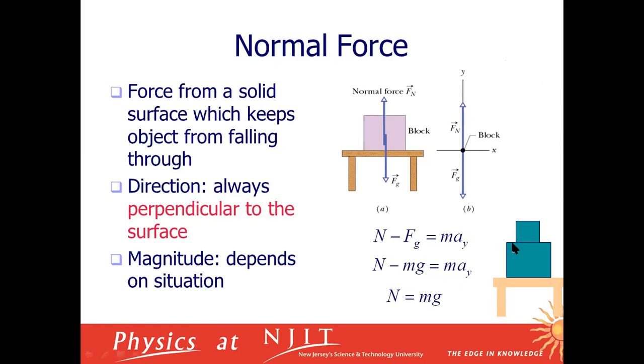Now, if we're going to determine the summation of the y component of the forces through Newton's second law, here on the Fnet, we're going to sum the forces as your normal force minus the weight of the block, or Fg, equal to the mass of the block multiplied with the acceleration at the y component. And then further simplifying the whole expression gives us your normal force is equal to mg.